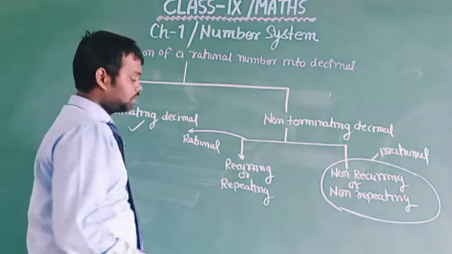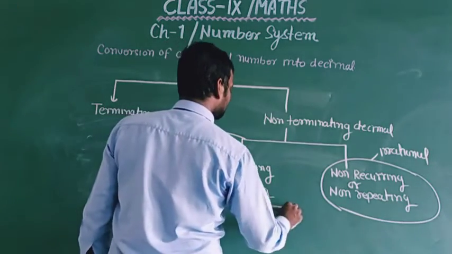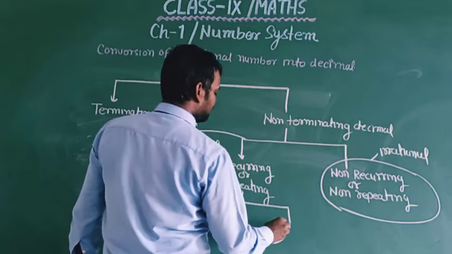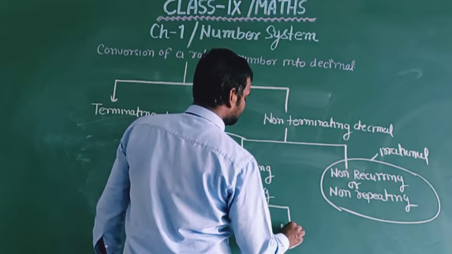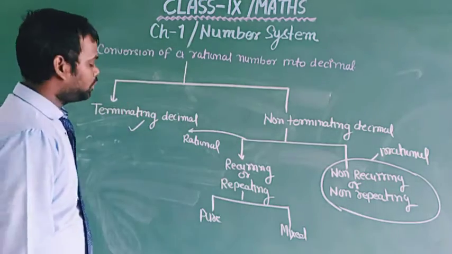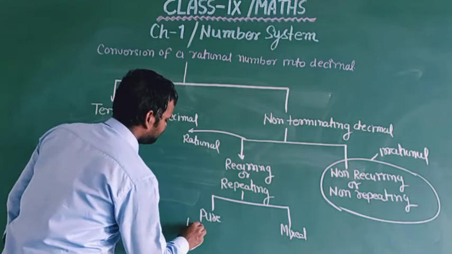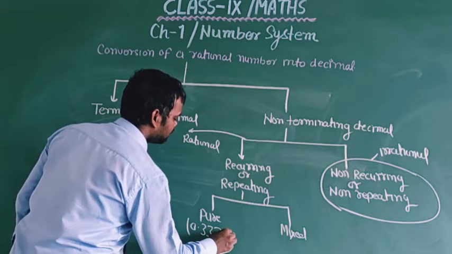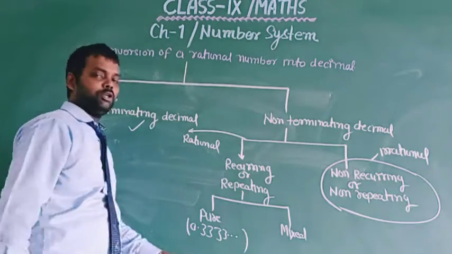Here recurring is of two types. First is pure recurring, and second is mixed recurring. Pure means, for example, 0.333. Such an expansion is called pure recurring.